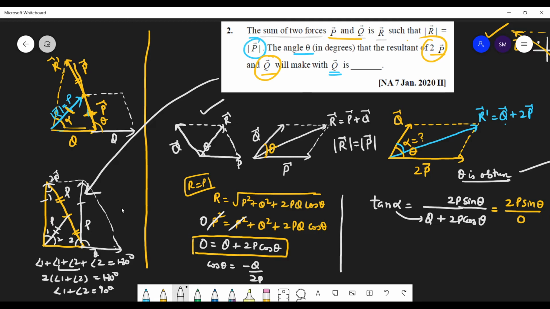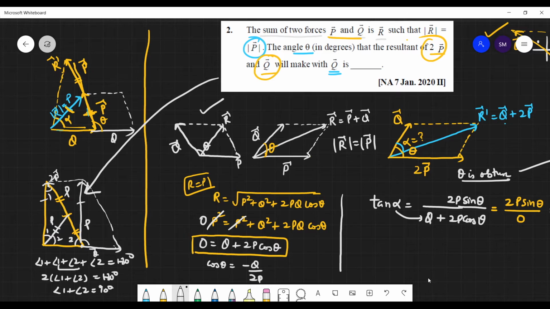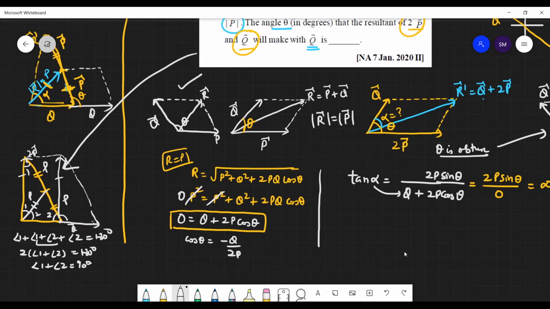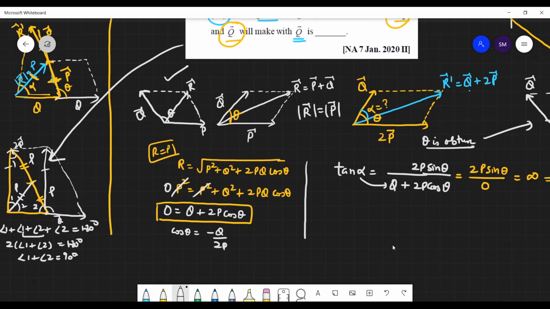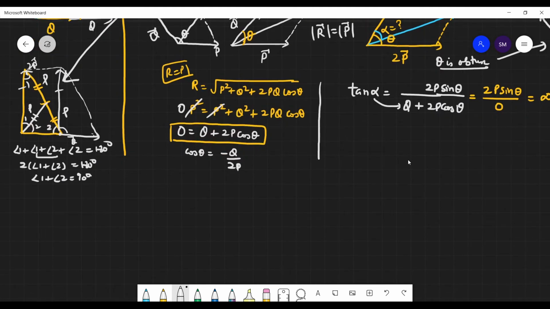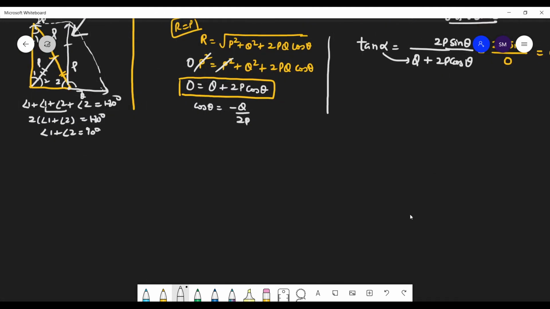In any way, students, I think this concept is clear. Good. Shall we move on to the next question now? I hope you have noted it down, all of you. A very important concept.